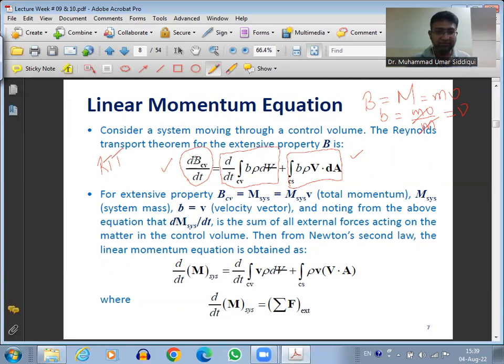So here, when we have this extensive property B, we are going to replace it by capital M, and wherever we have these intensive properties, a small b, we are going to replace them by velocity.